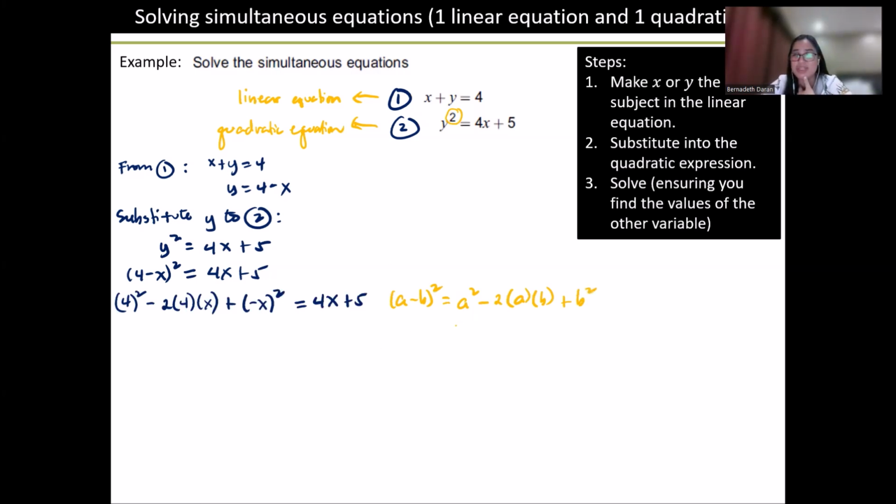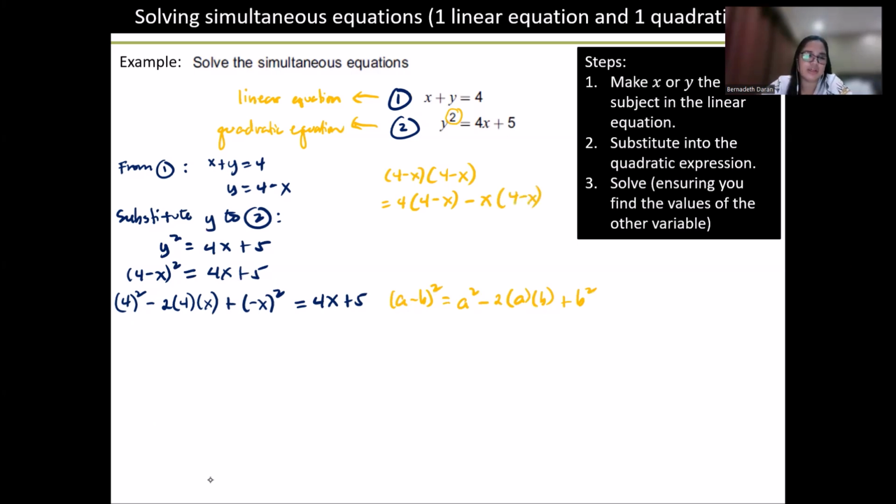Now, if you don't remember that, you don't have to remember everything, you can just expand this into 4 minus x multiplied to 4 minus x, and distribute each term of the binomial to the second binomial. So that would be 4 multiplied to 4 minus x, and that is minus x multiplied to 4 minus x.